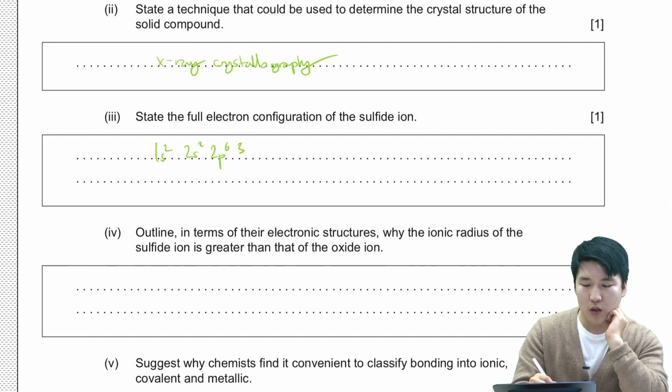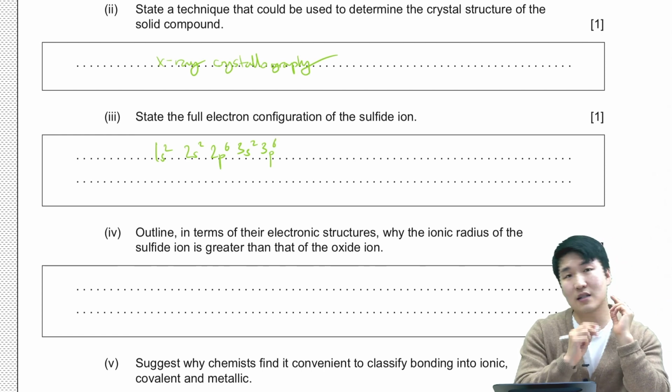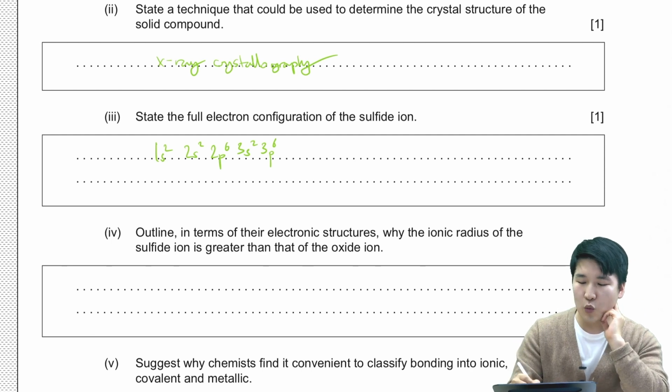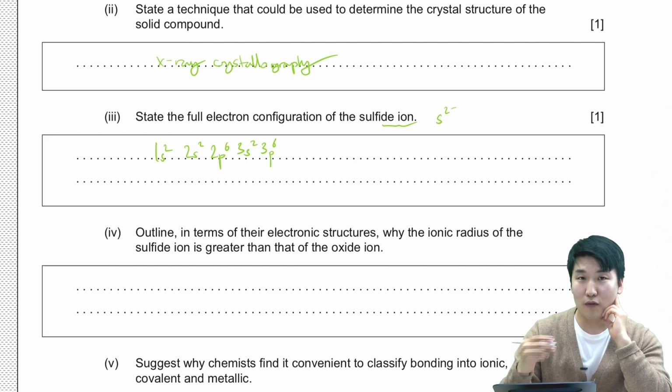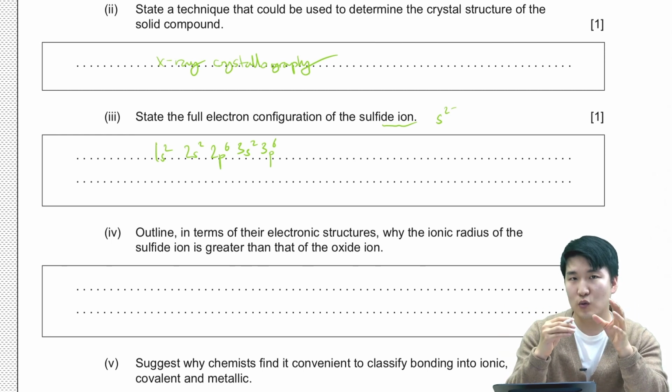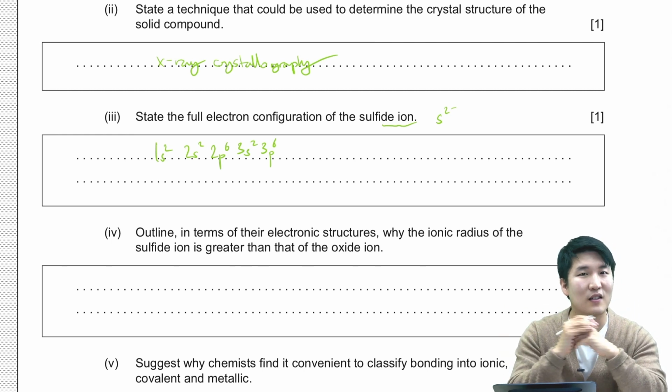Now let's be careful. 3s2, yes, but 3p what? Well, it's going to be 6 for sulfur, but we're dealing with the sulfide ion. So for a sulfur atom, there should be 3s2, 3p4, but for the sulfide ion, it should be 3s2, 3p6. Sorry about that.